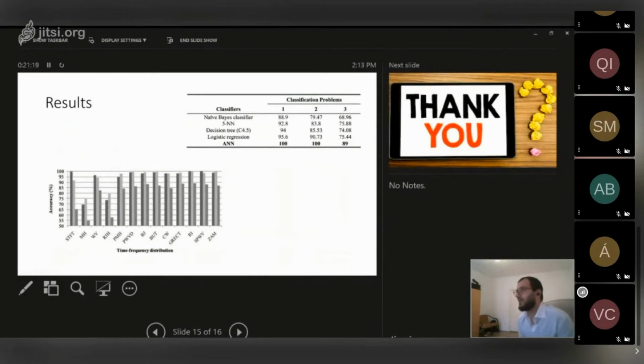Here you can see different classifiers applied to this EEG data set: KNN with K equal to 5, and decision tree with C4.5. And for ANN, you can see very good results compared to the rest of the classifiers.